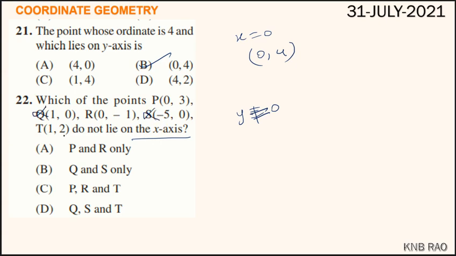Q having y coordinate 0. So remaining points, that is P, R, T, they lie other than x-axis. So P, R, T is the right option. Coming to the question number 23.